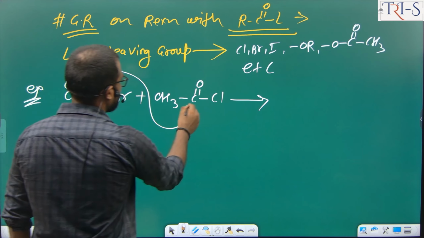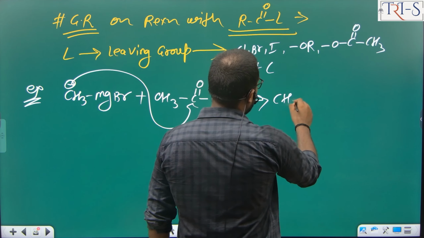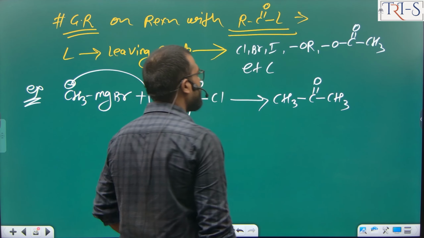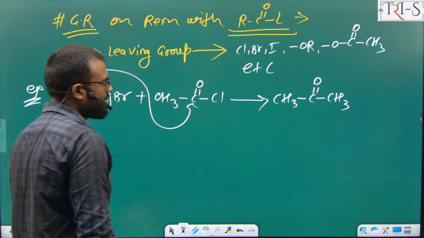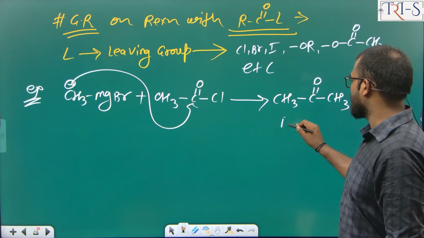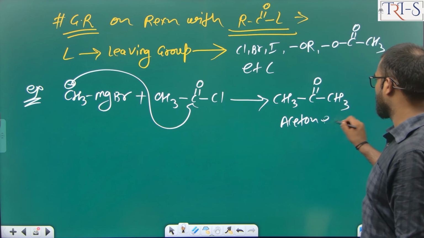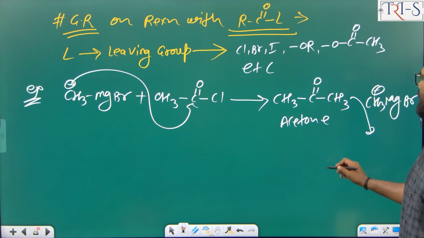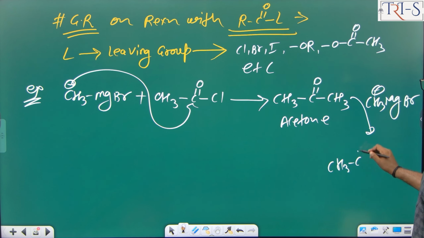first a ketone. We can form the direct product ketone, that is acetone, and further reaction, if we have excess of the reagent, then it will react further and can form 3-degree alcohol.